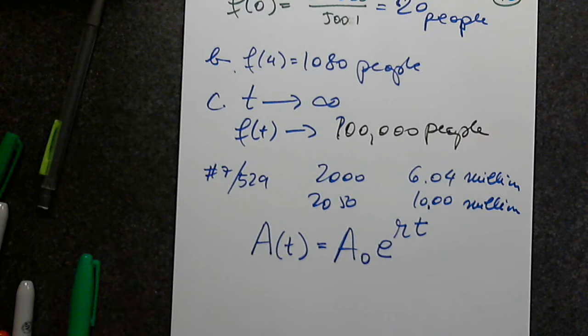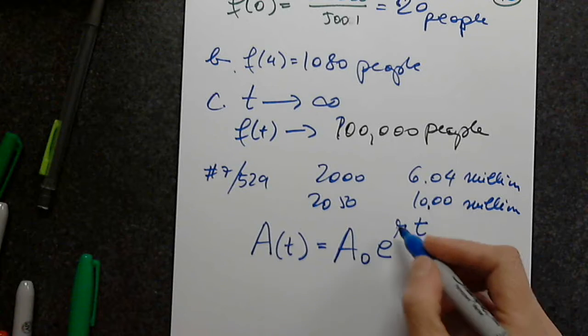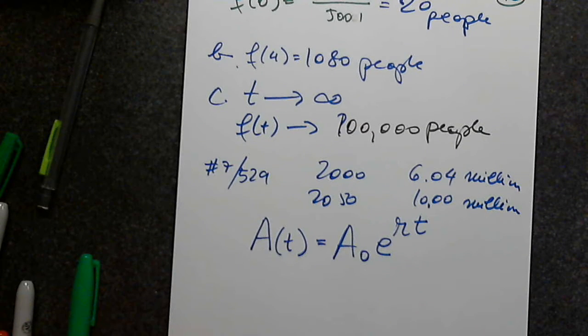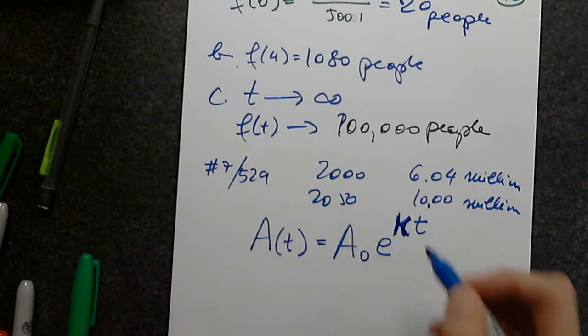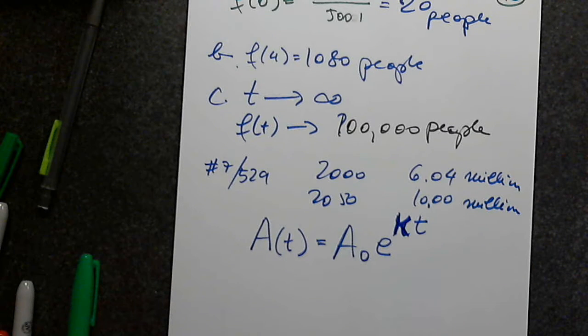Okay, they're not using r. I wanted to use r just to refresh your memory. They're using k. You want to use r or k? It doesn't matter. r is the interest rate. It's the growth rate in this case. Let's use k. k or r, doesn't matter. k it is. Your book uses k for the growth rate and uses r for the annual interest rate.